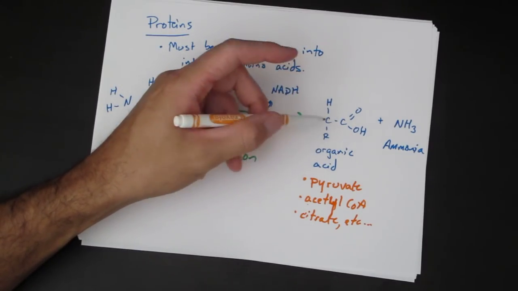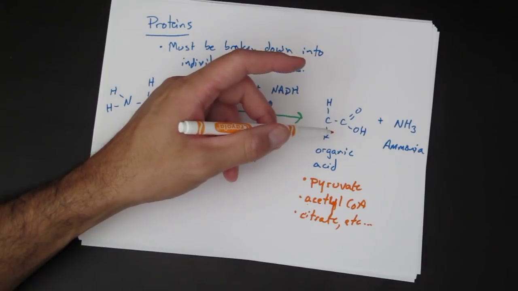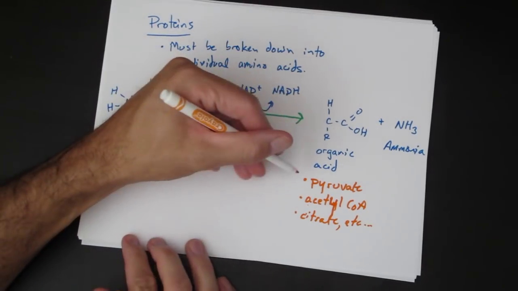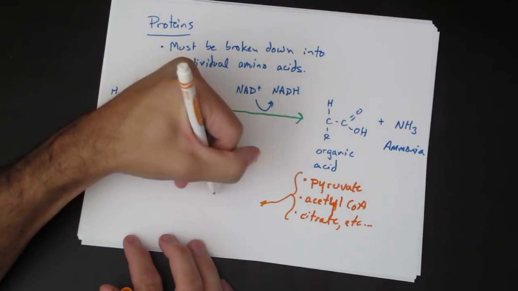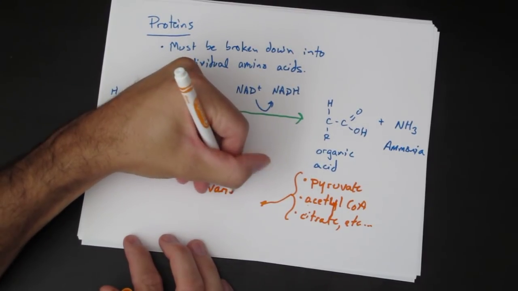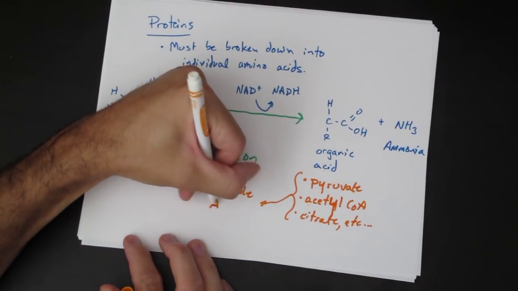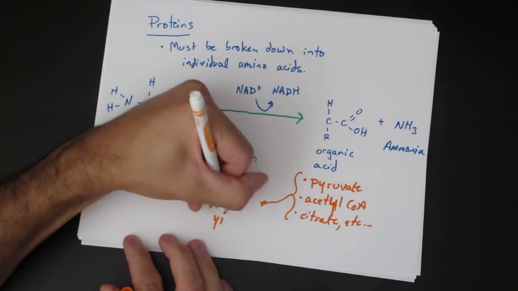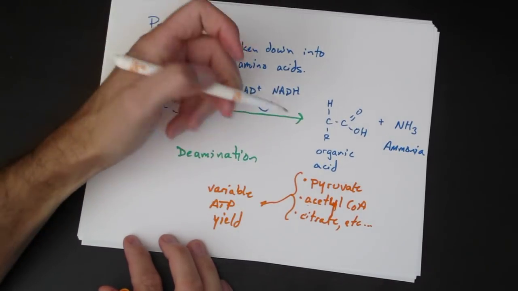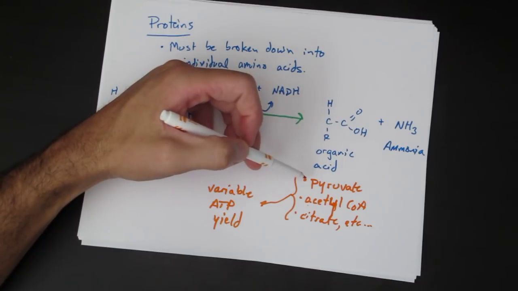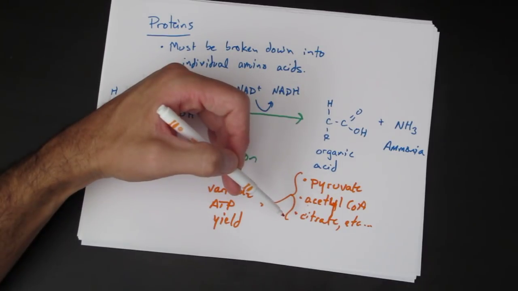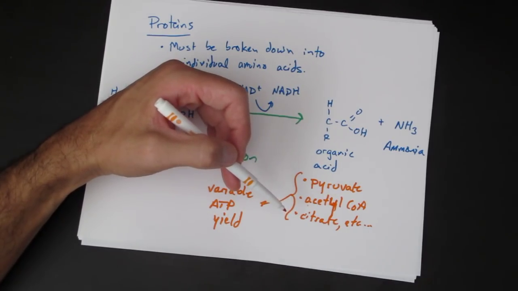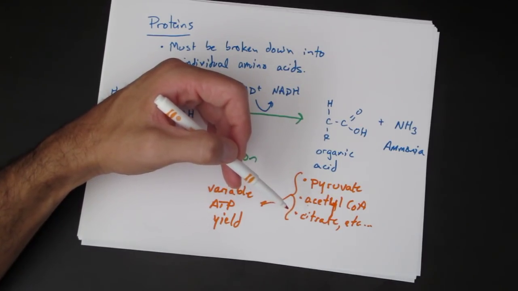So depending on the amino acid we're dealing with, the ATP yield is going to be variable. The organic acids that are converted to pyruvate are obviously going to yield more ATP than the ones that are converted to citrate, and so on. So it just really depends.